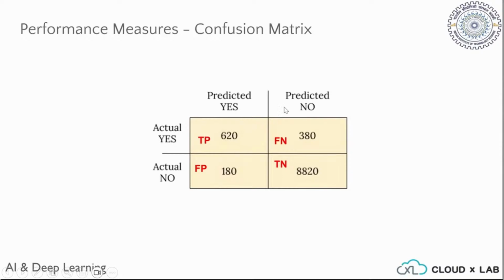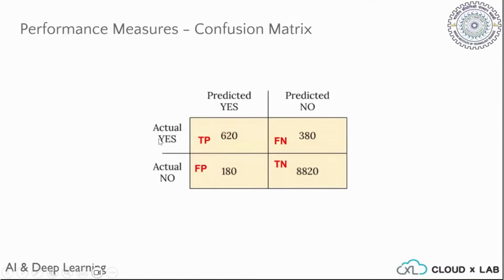So we can have a total of four cases. When the actual output is yes, and the model is also saying yes, this case is called true positive. True positive means the model is saying positive, and the model is saying the correct thing.